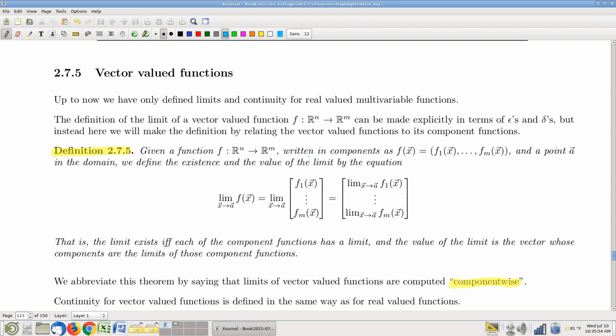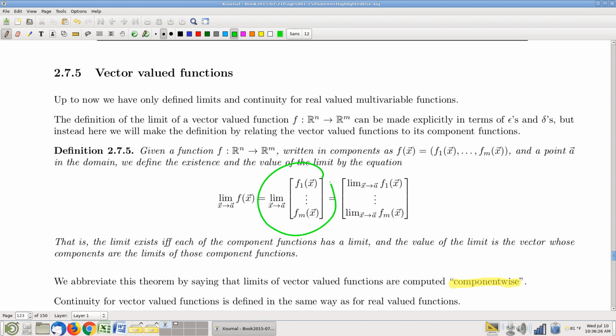Okay. Lastly, just to throw it out there, this is highly believable: if you have a function that has multiple output values, we call it a vector-valued function. Very convenient terminology. It's easier to say vector-valued function than function whose target is R^m, where m is greater than 1.